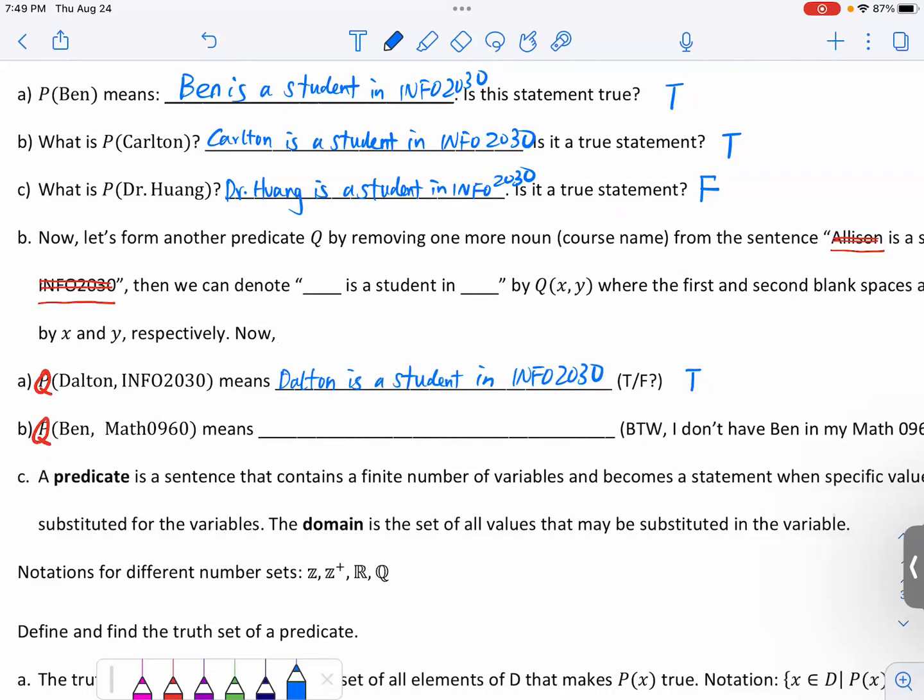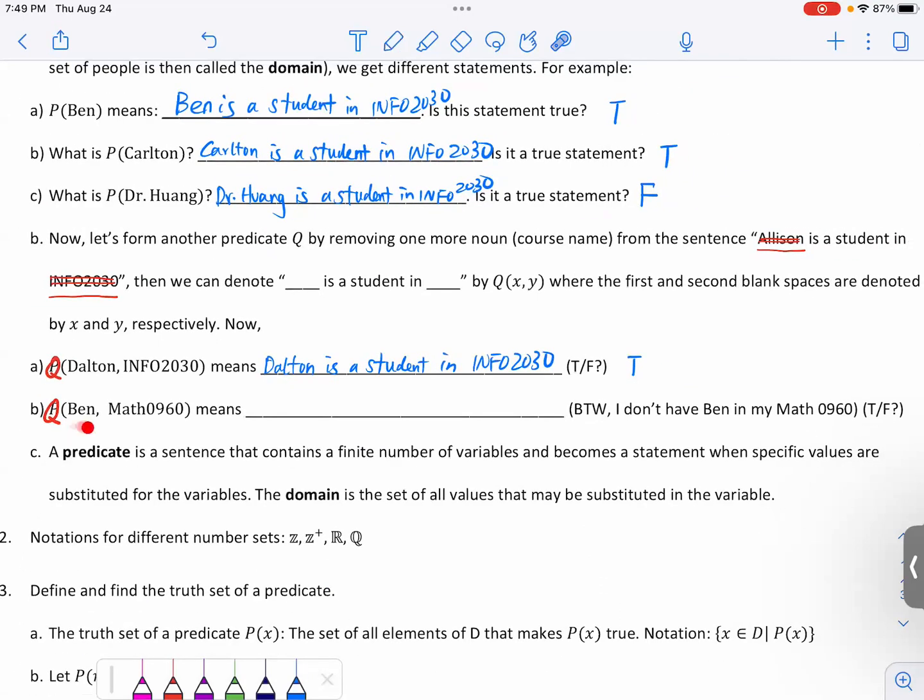Okay. Now let's take a look at the second example. By the way, I'm teaching Math 0960. There's no student whose name is Ben in my Math 0960. So this is a little background. So now take a look at Q of Ben, comma, Math 0960. What does that represent?